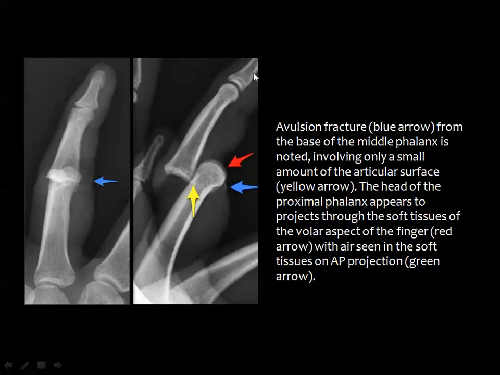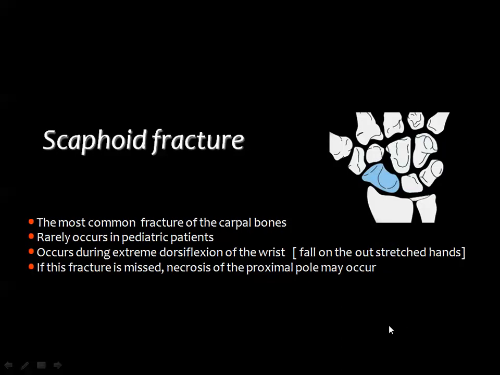Here is the dislocation of the proximal interphalangeal joint, which is commonly dorsal and due to hyperextension injury.